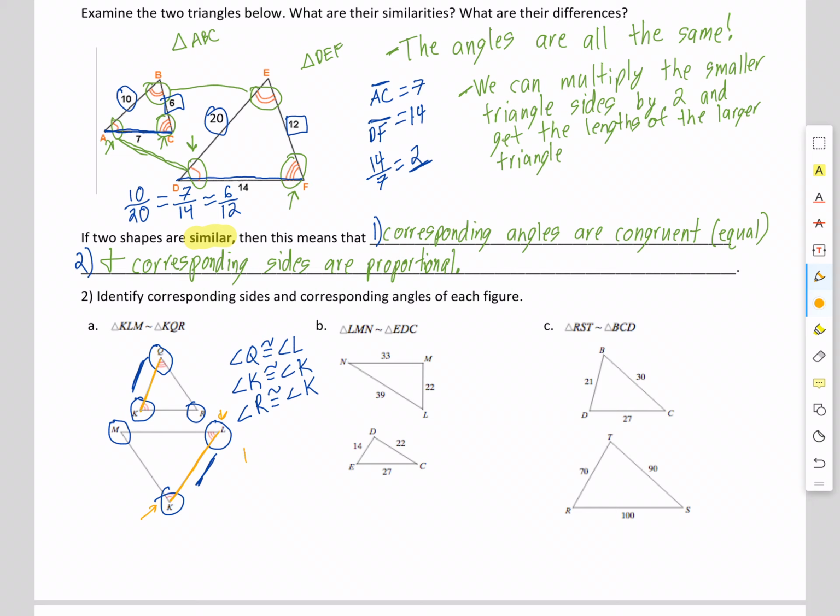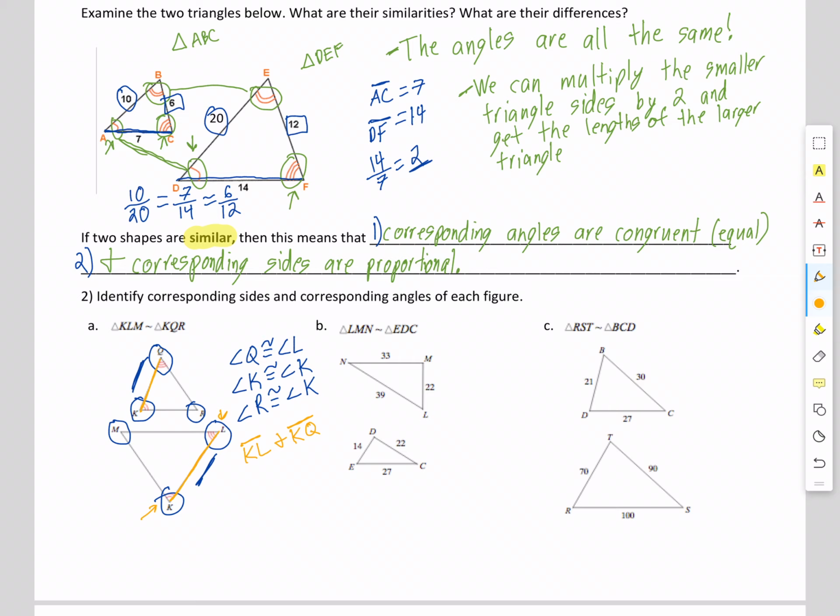So KL corresponds to, what would that one be? KQ? Yeah. So those two, no real specific notation there, those two would be corresponding.